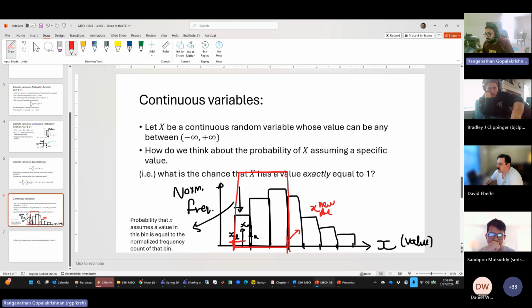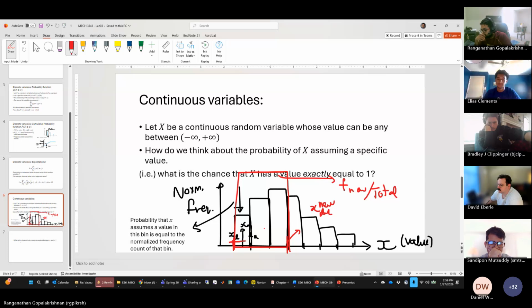So whatever this new frequency is, divided by the total, which still remains the same. Am I making the point that if you make the bin width wider, it will look artificially that the probability went up? Yes, no? Sandy Pond, I see you nodding.